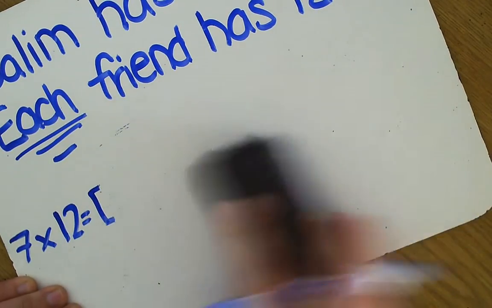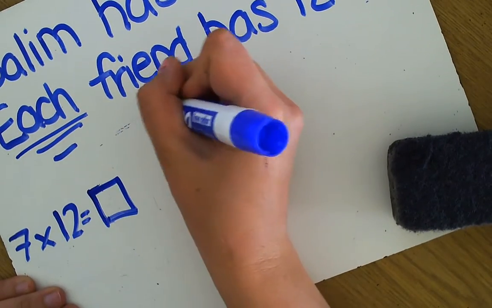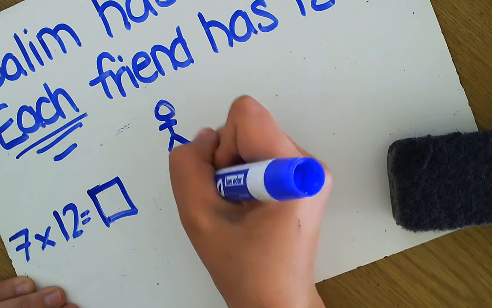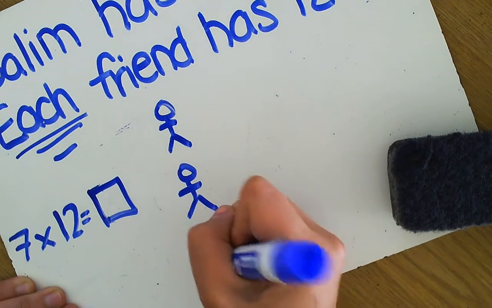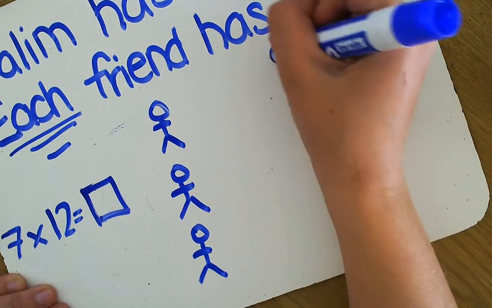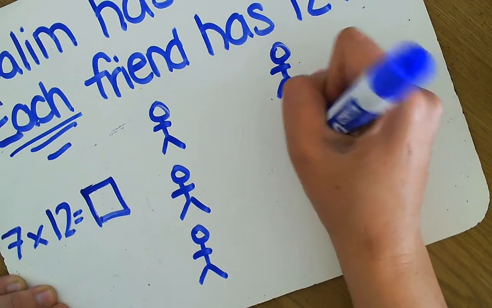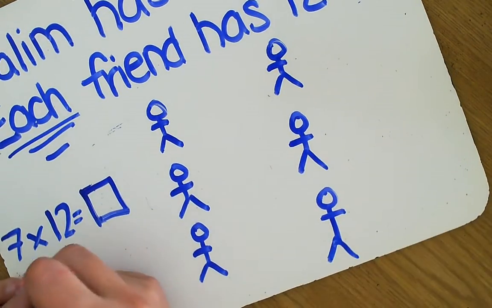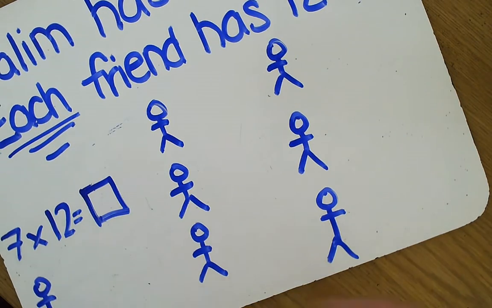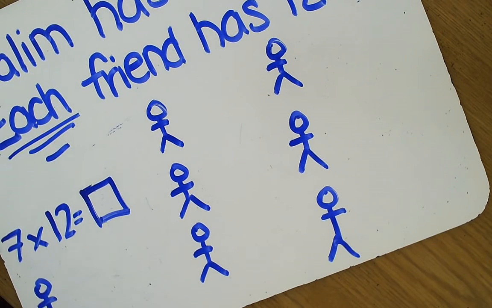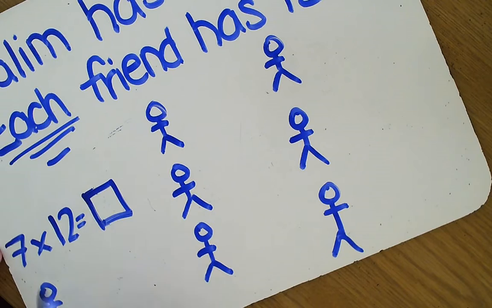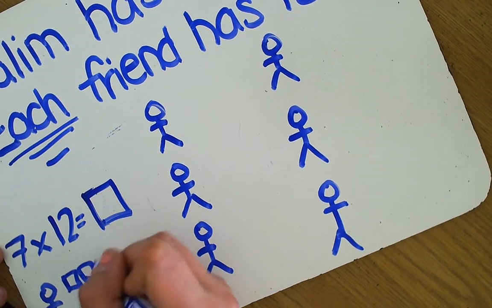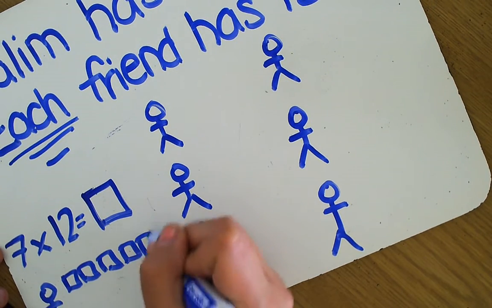So think about it like this. Okay, so if these are, I'm going to draw all of Salim's friends here. They all look very similar, I know, guys. This one's taller. He's the tall friend, okay? So each of them has 12 books. So that means this friend has 12 books. 1, 2, 3, 4, 5, 6.